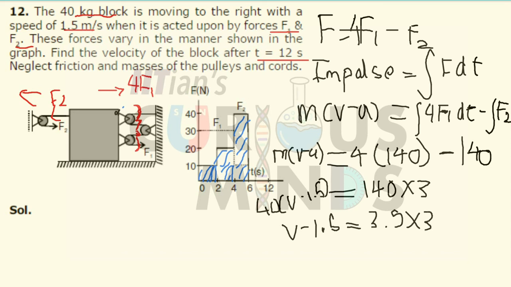So basically v will be equal to 3.5 into 3, which is 10.5, plus 1.5. So the final velocity of the block of 40 kg will be equal to 12 meters per second.